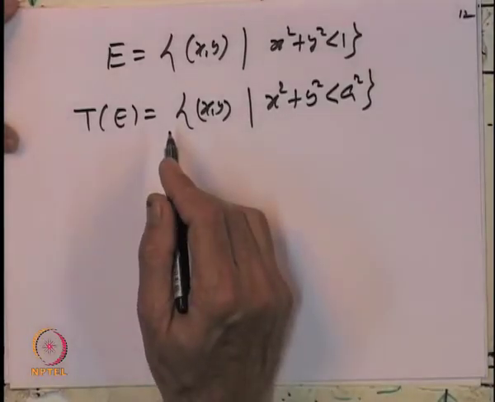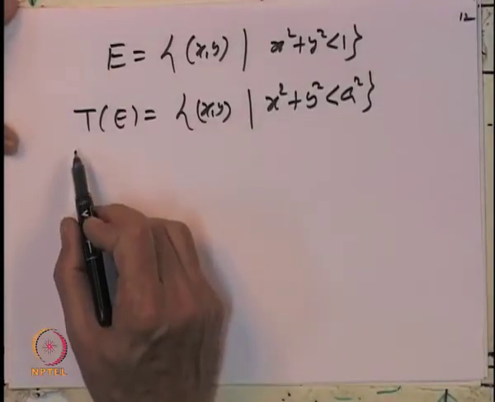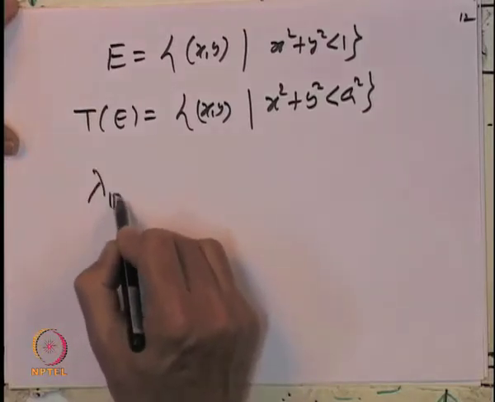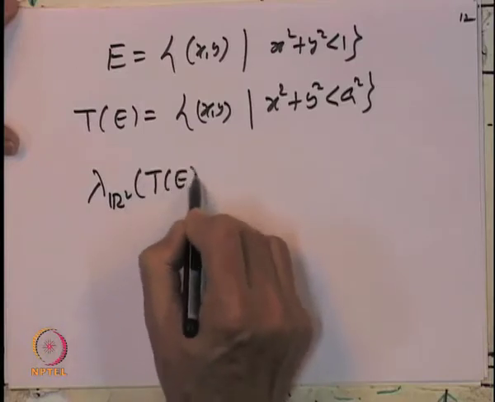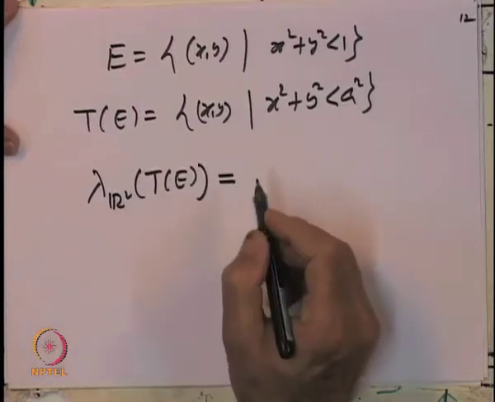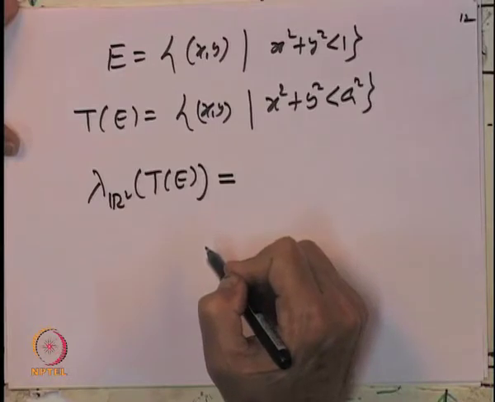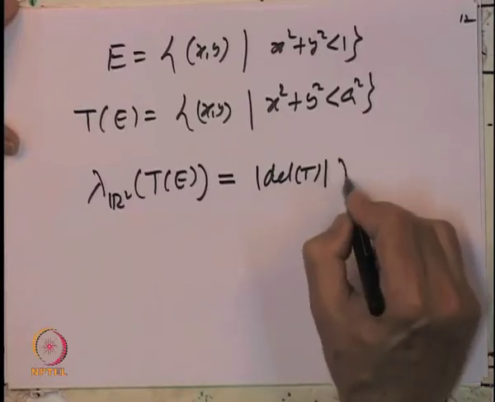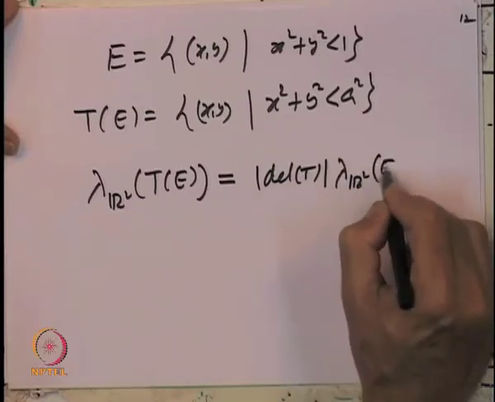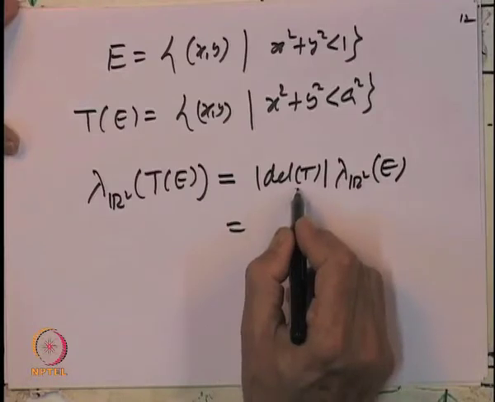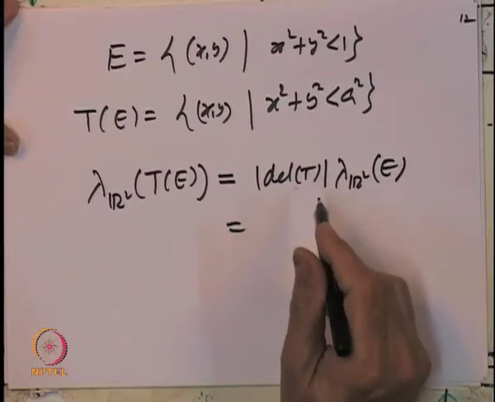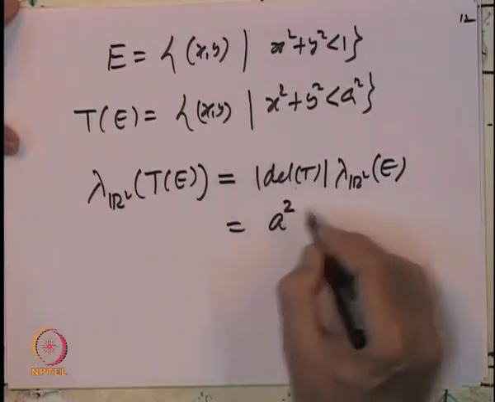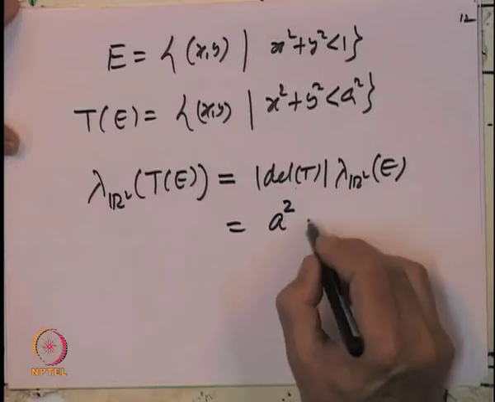So, that means now we apply our theorem of linear transformations. So, look at the Lebesgue measure in R 2 of the transformed set T of E. That is equal to, by the property of the theorem, determinant of T times the Lebesgue measure of the set E. But determinant of T, since it is a diagonal transformation, is a square, and the Lebesgue measure of E, which is the unit circle, is pi.